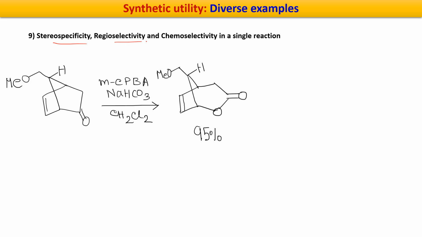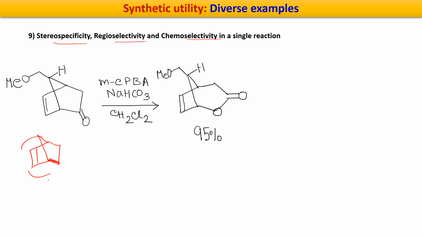Stereospecificity, regioselectivity, chemoselectivity. Now we can see everything together, right? So what will happen here? This type of structure we have seen, one example I showed in the last video for chemoselectivity. Here you can see a CC double bond is present and a C double bond O is also present. Now suppose we have this type of structure instead of this complex structure, just made simple.